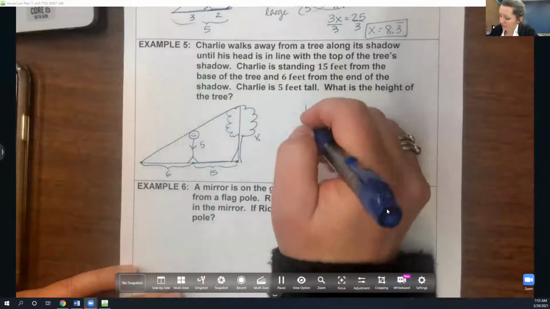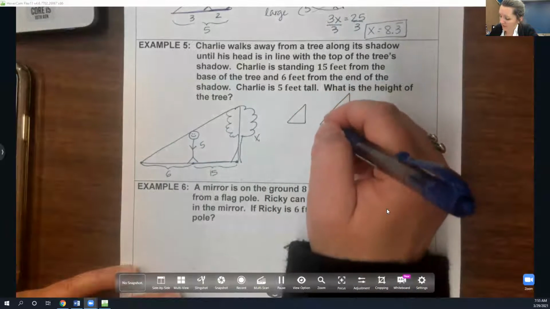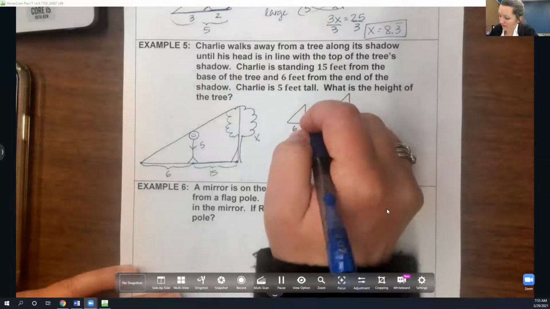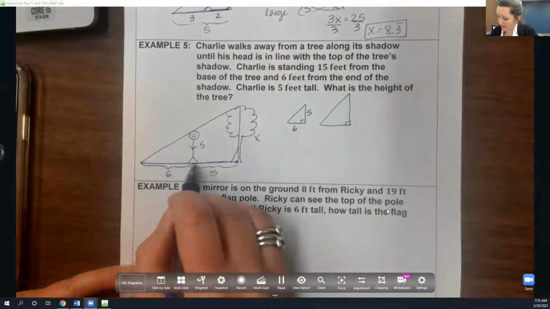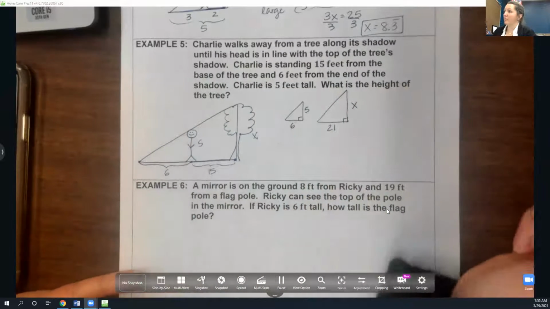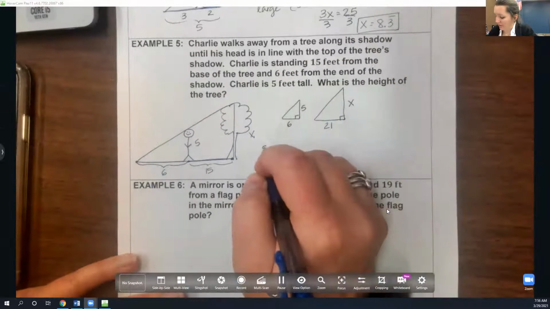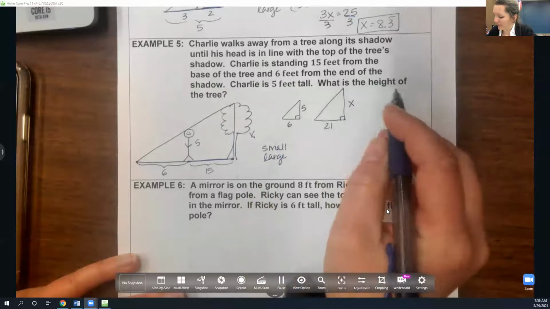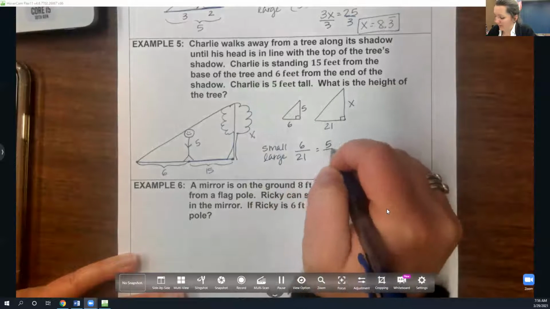So let's draw our 2 triangles. We have a smaller triangle, that's Charlie's triangle. And then there's the tree's triangle. So Charlie is 6 and 5. And we have to do this whole thing here, 6 and 15, that's 21. And we want to know how tall is the tree. So let's build our proportion. We'll do small, large, same that we've been doing. 6, 21, and then 5 and x.